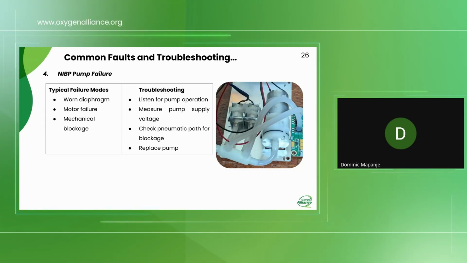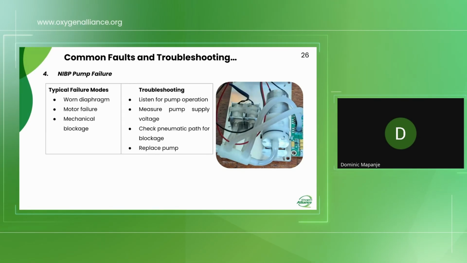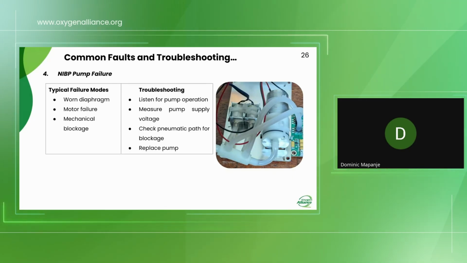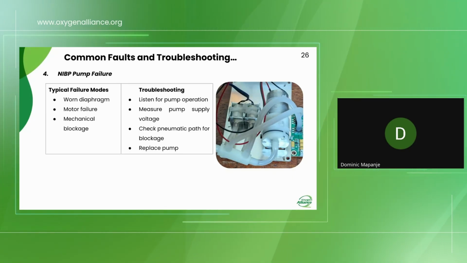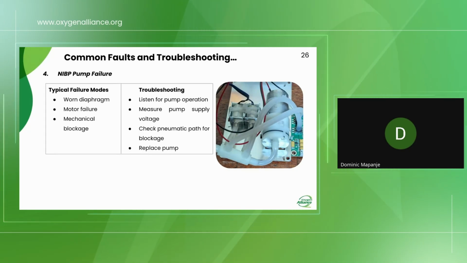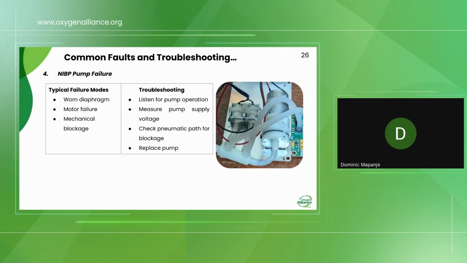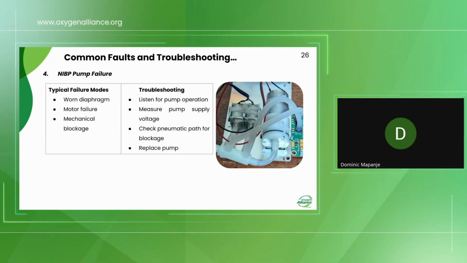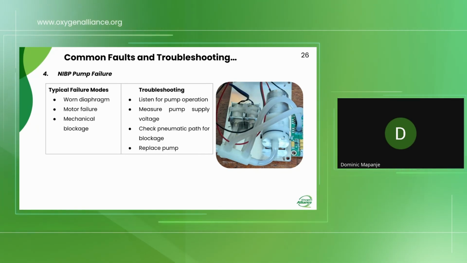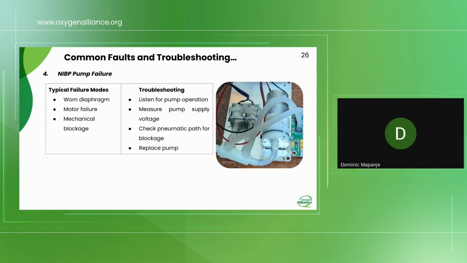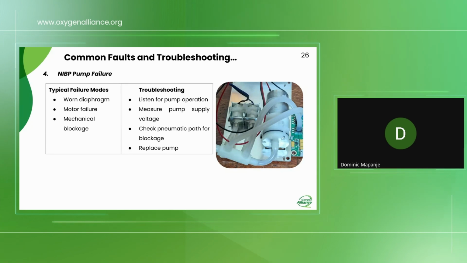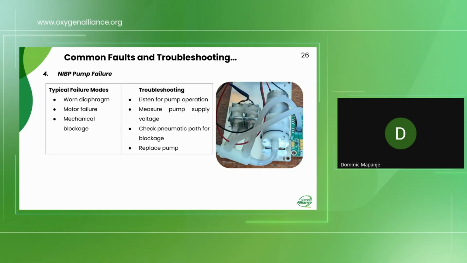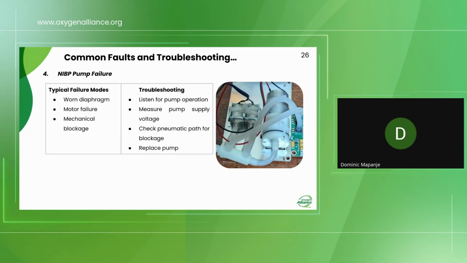It can be a mechanical blockage, so it can be blocked somewhere. For this also, you will see that the cuff is not inflating, so you can suspect something with the pump itself, or there's slow inflation, or there's a measurement failure. You have gone through the external cuff and the external tubings, and then you go inside. You can now start checking the pump.